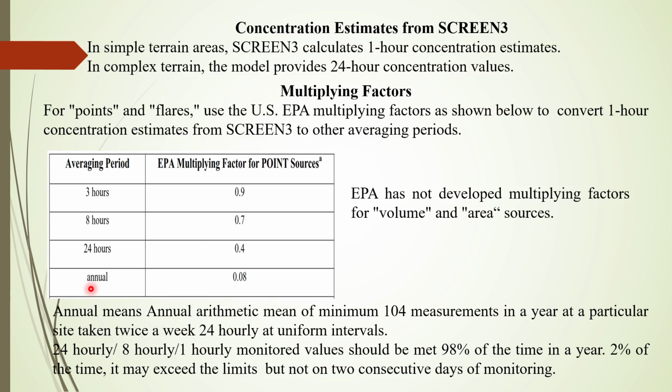So we have 52 weeks in a year, so twice a week, the minimum number of measurements is 104. And 24 hourly, 8 hourly and 1 hourly monitored values should be met 98% of the time in a year. 2% of the time it may exceed the limit, but not on 2 consecutive days of monitoring.